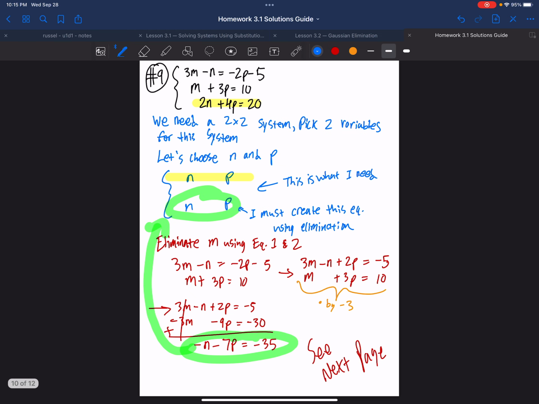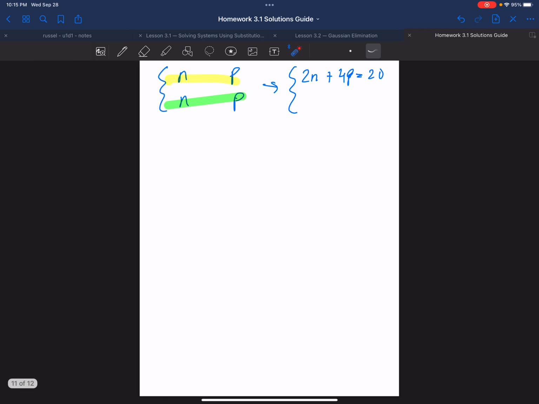And the green, I had negative n minus 7p equals negative 35. So now you have a 2x2 that you can eliminate n from.